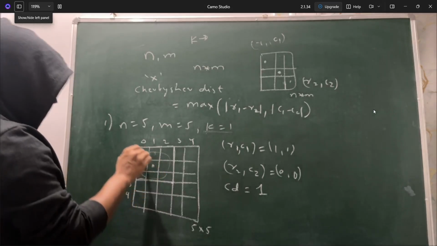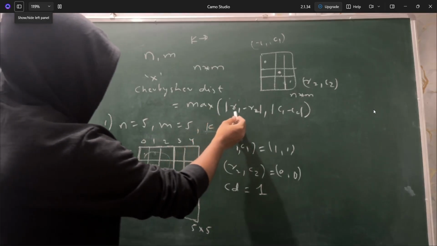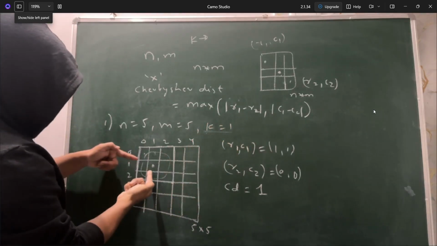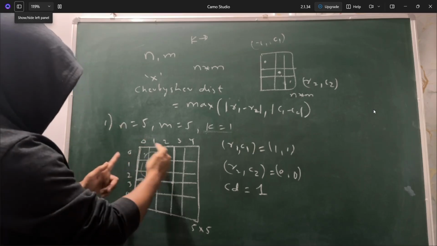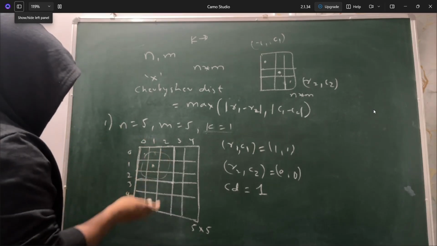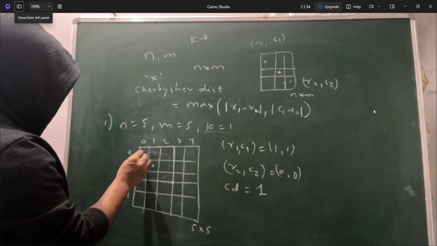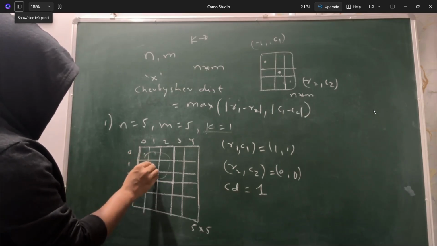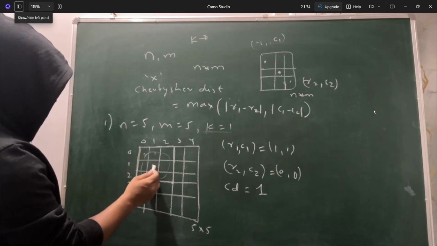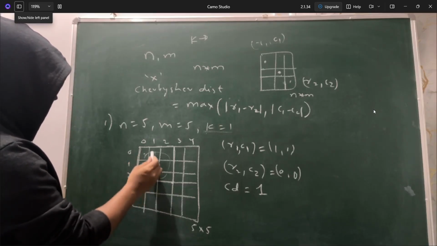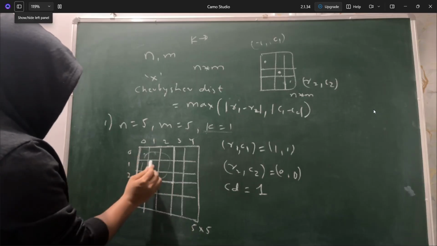If you go diagonally as well, since distance is the max of the row difference and the column difference, the diagonal is also covered. The row difference is 1 and the column difference is also 1, because the row is one distance away and the column is also one distance away.